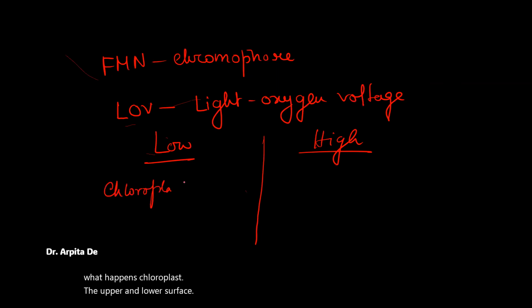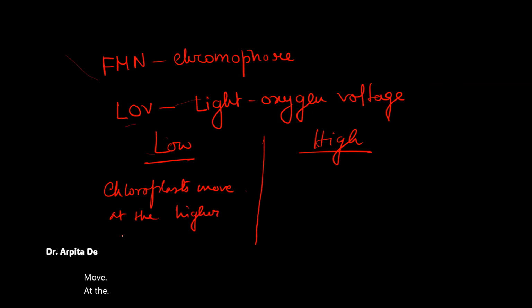Chloroplasts move at the upper and lower surface. The chloroplasts move at the higher and lower surface. And here what happens when there is high light intensity?